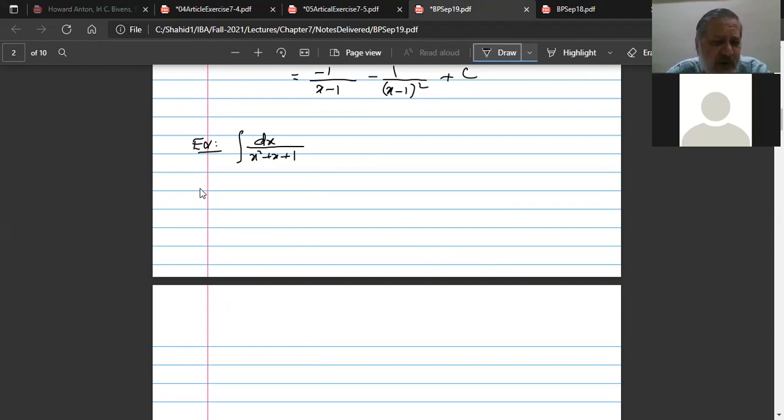Now we can do this integral using any method, but I have a quadratic factor, and I should be able to find values of ax plus b, a and b, like this.